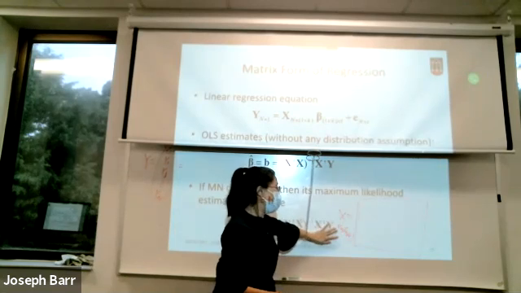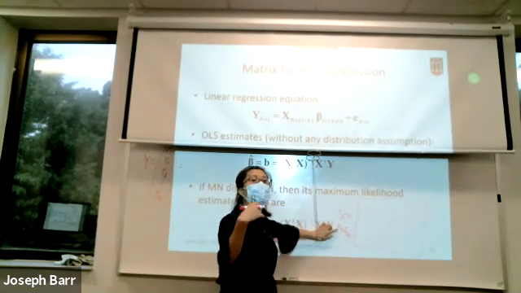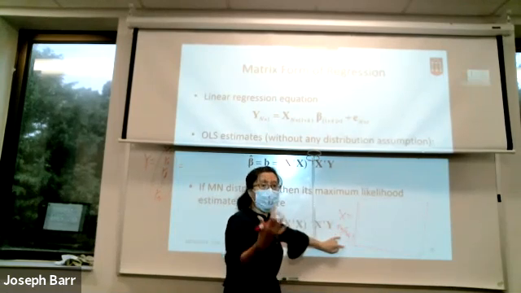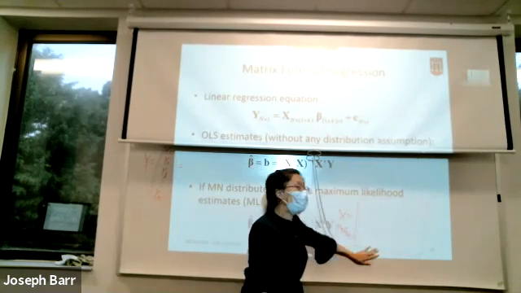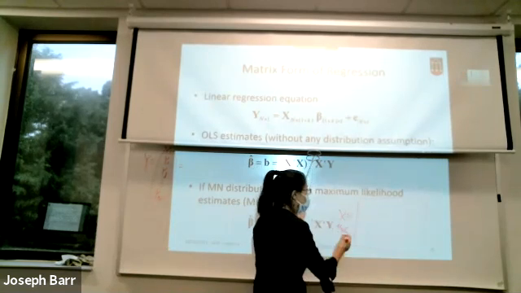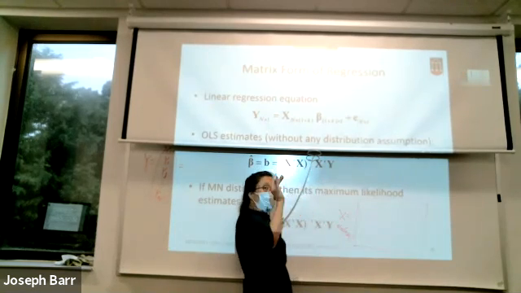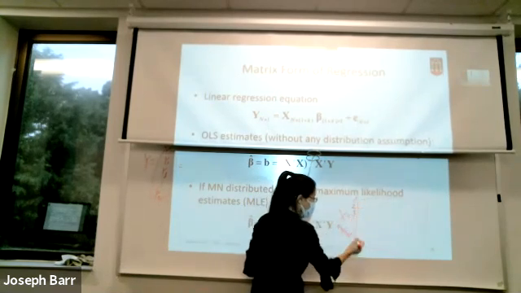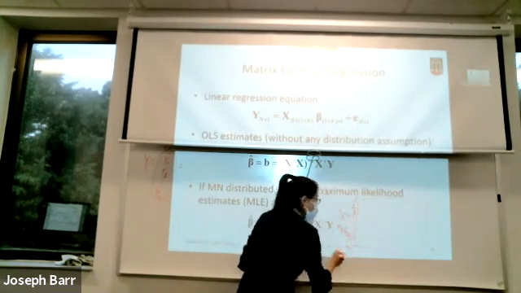Remember what the meaning of dimension is. The first component means how many rows, the number of rows. The second component is the number of columns. So that means in this matrix X, we have n rows: 1, 2, 3, 4, up to n rows.